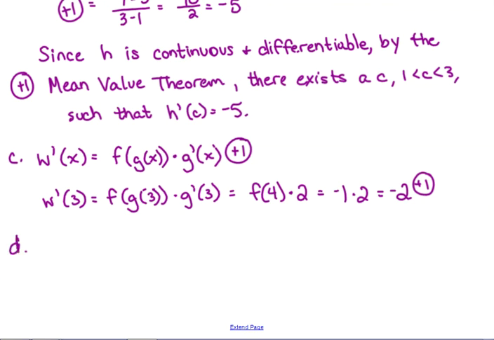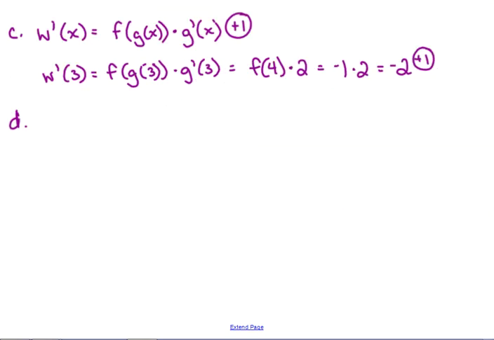All right, now the last one. Here's the idea of the inverse. Write an equation for the line tangent to the graph of the inverse of g at x equals 2. Okay, so here's how this works. We need a point and we need a slope. We're talking about the inverse here, so if we're at x equals 2, we need g inverse of 2.